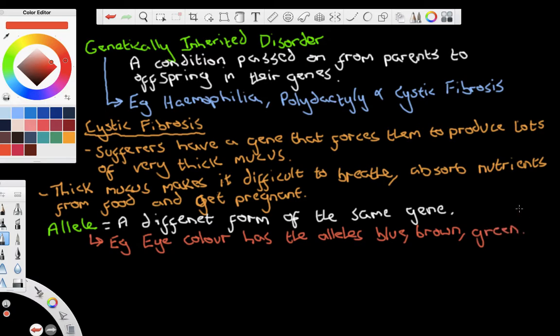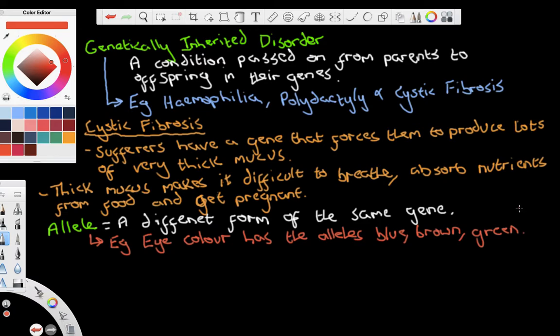And there are other colours, but you get the idea, okay? Cystic fibrosis is caused by what's known as a recessive allele, and we'll come to that in a moment, okay?